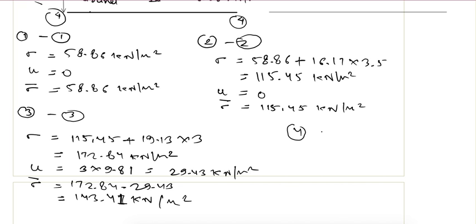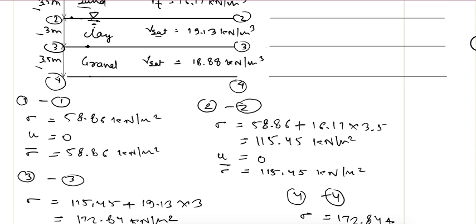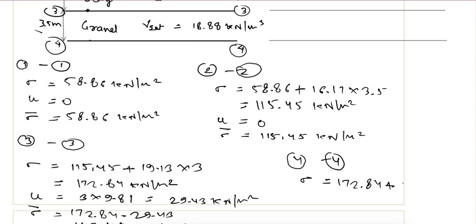And similarly for section 4 total stress is 172.84 plus 3.5 into 18.88.